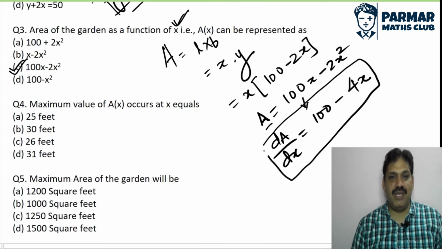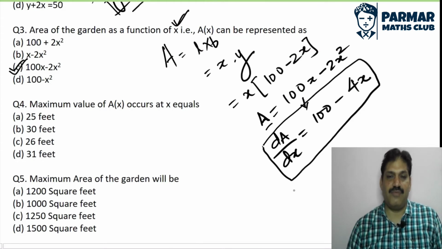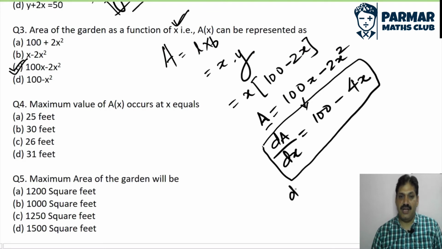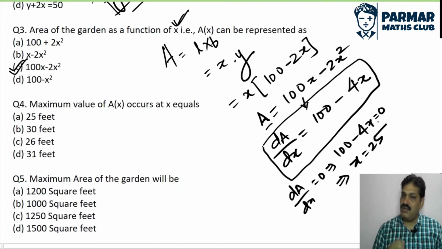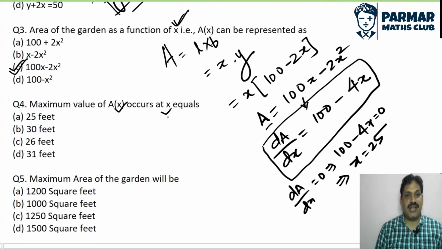For maximum area, for critical values or stationary points, dA by dx must be 0. That means 100 minus 4 times x is equal to 0. That gives us x is equal to 25. So the maximum value of A(x) occurs when x is equal to 25 feet.